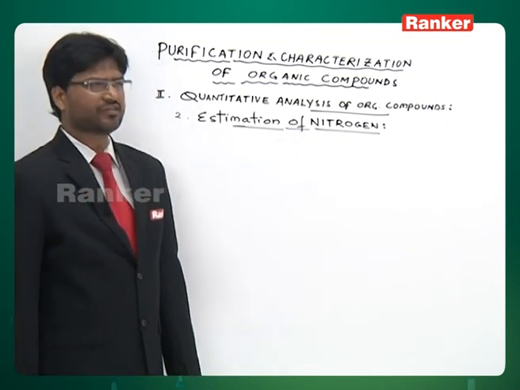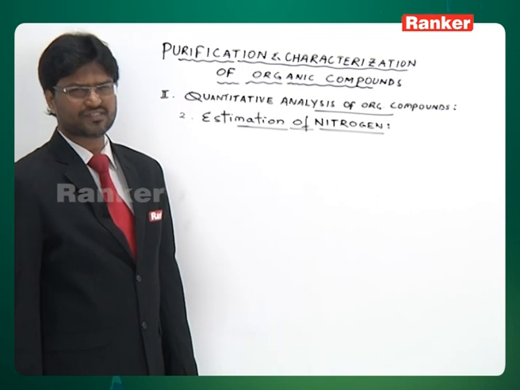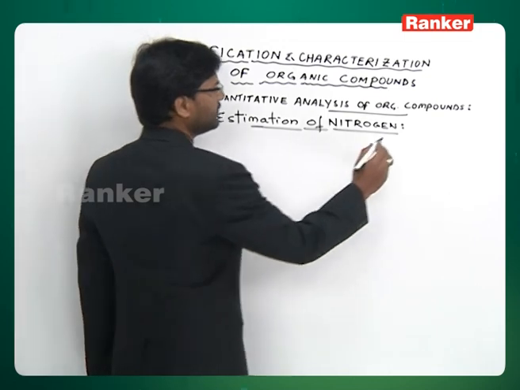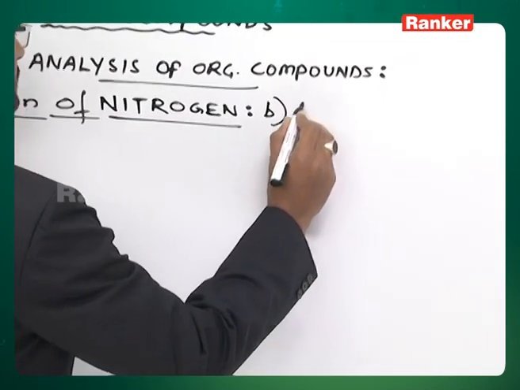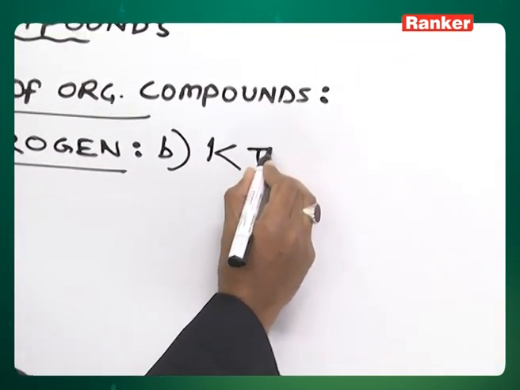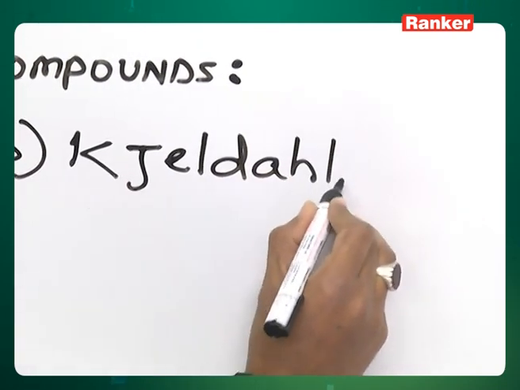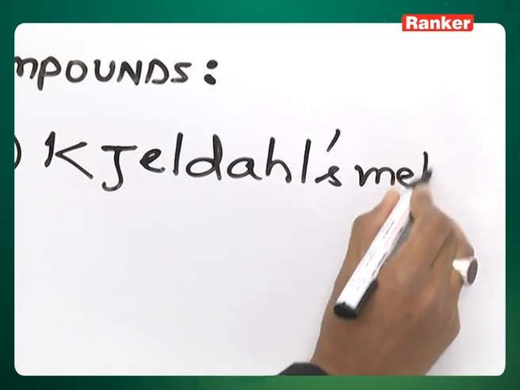The next method for the estimation of percentage of nitrogen in the organic compound is by Kjeldahl's method. We have already discussed Dumas method. Now we are talking about Kjeldahl's method.